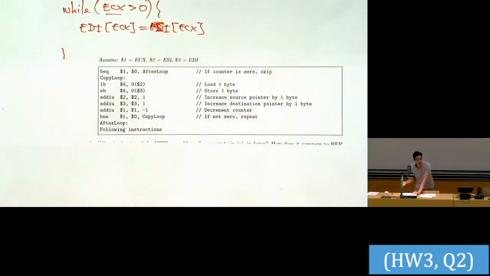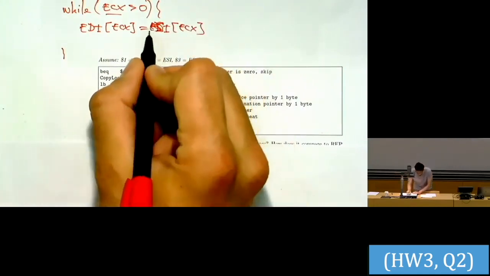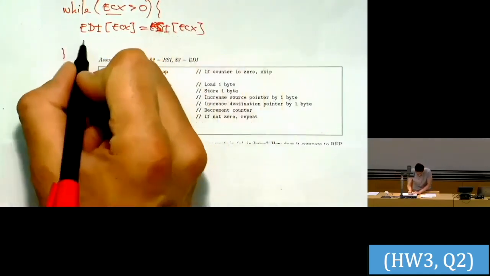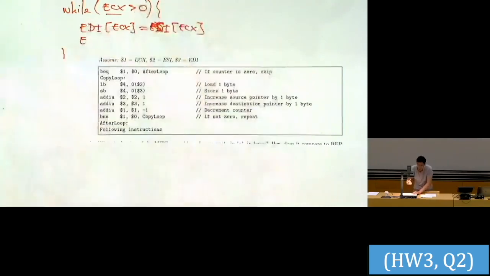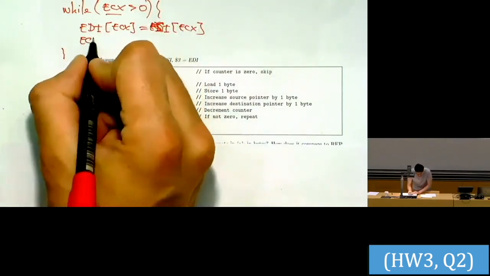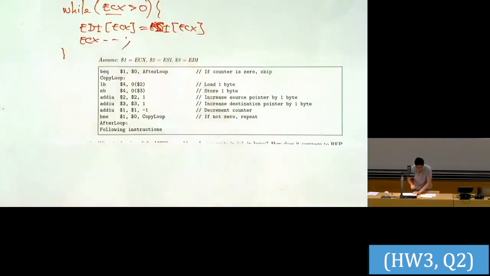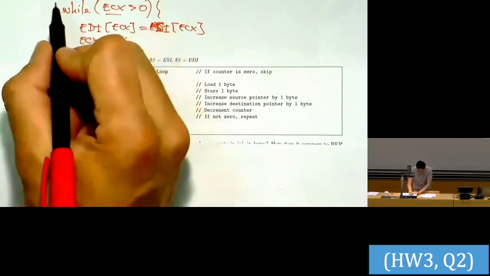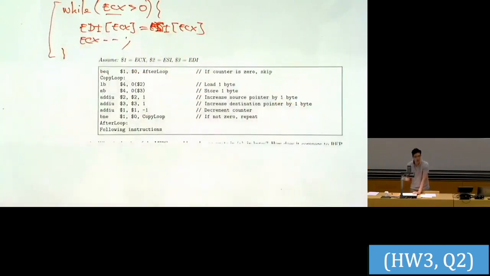This ECX would be like our counter and also index to these arrays, ESI and EDI, and after every iteration we decrement. So this would be, let's say, the high-level language code to implement this rep movsb.